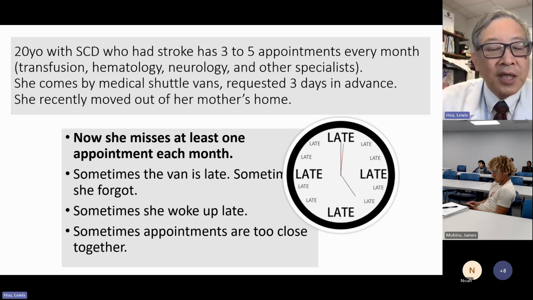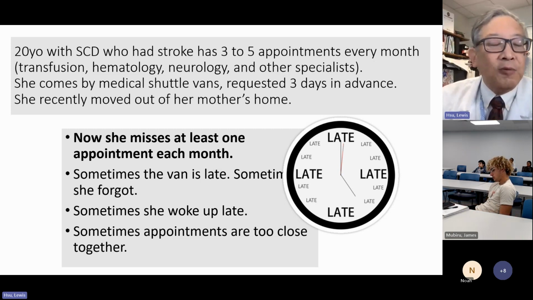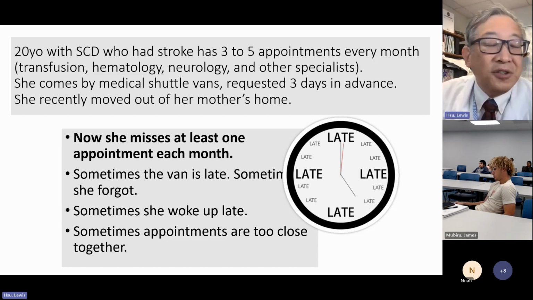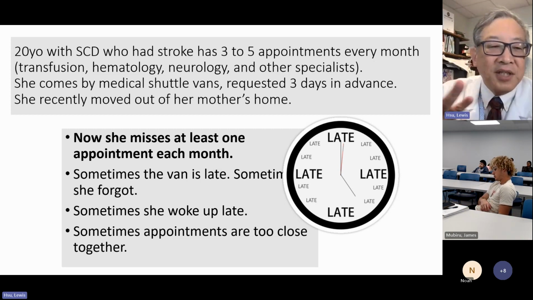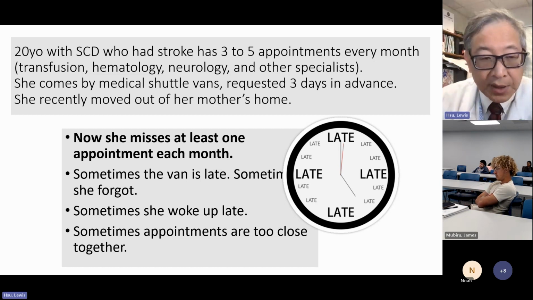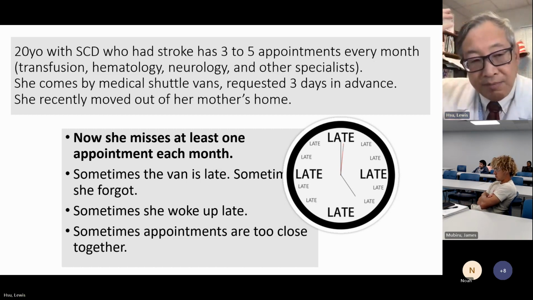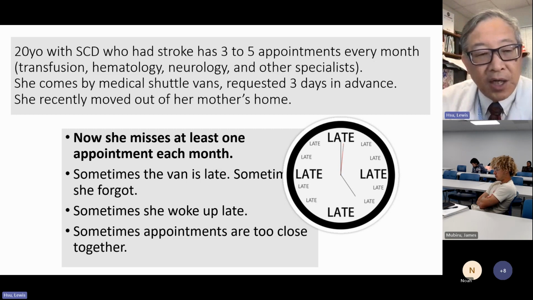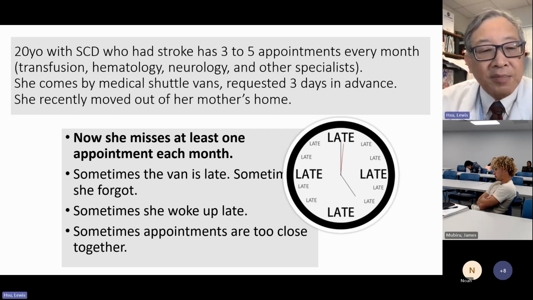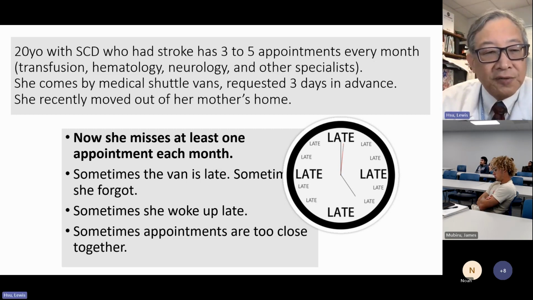Other times, as a doctor, my team and I would be working with a young adult, perhaps about the same age as you all, who has had a stroke due to sickle cell disease, brain damage from blockage of blood flow. This makes her not able to organize herself very well. Maybe her memory's not so good.